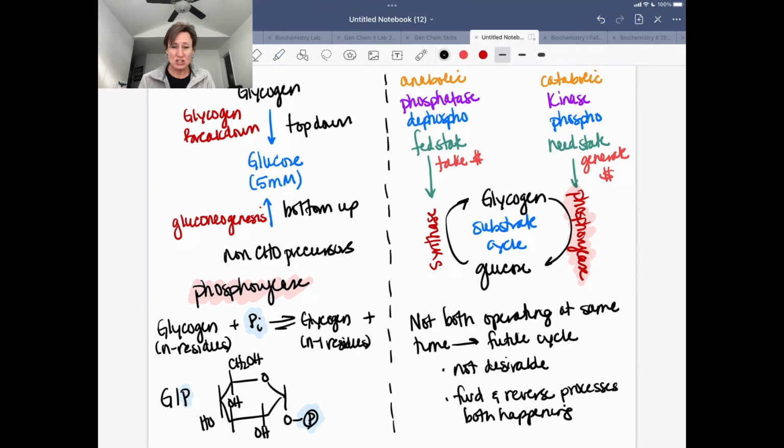So this chemistry is called not hydrolysis, but phosphorylysis. And that's because we're using phosphate as a nucleophile and not water.